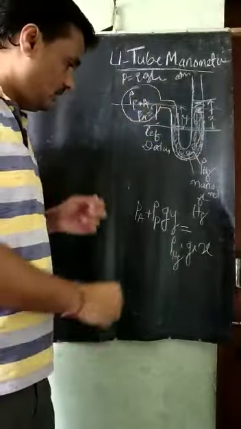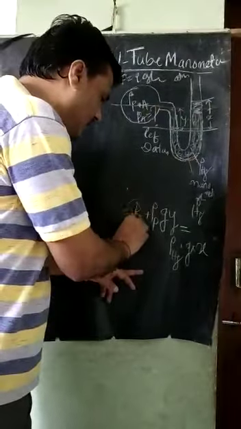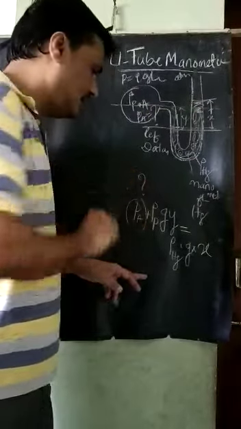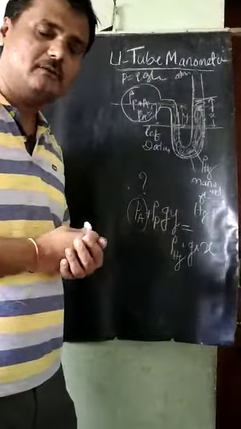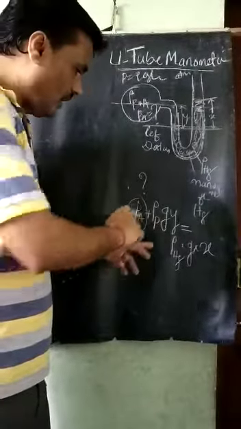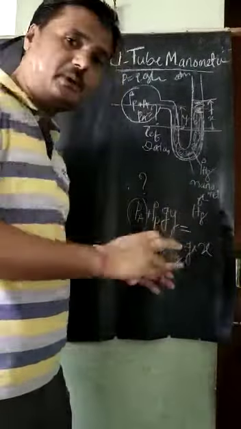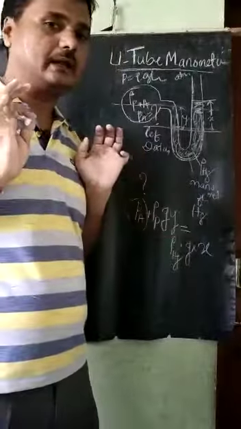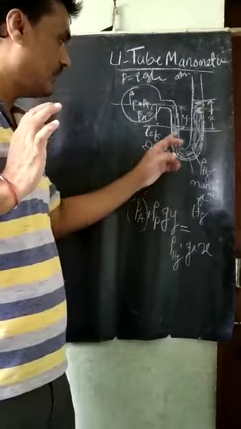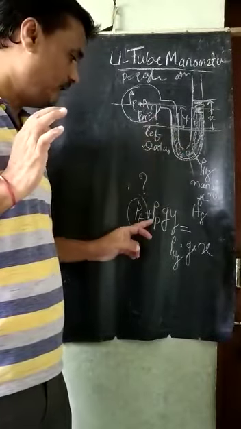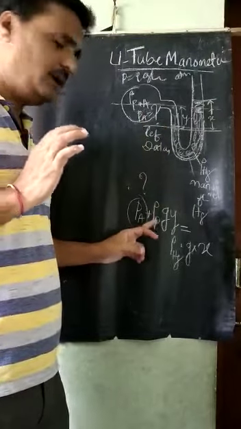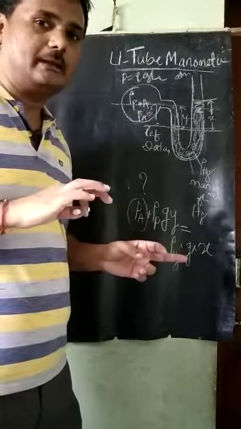Now, if PA is unknown in the numericals, all the other things will be given directly or indirectly. The density of the manometric fluid and the density of the pipe fluid may be given directly or indirectly.